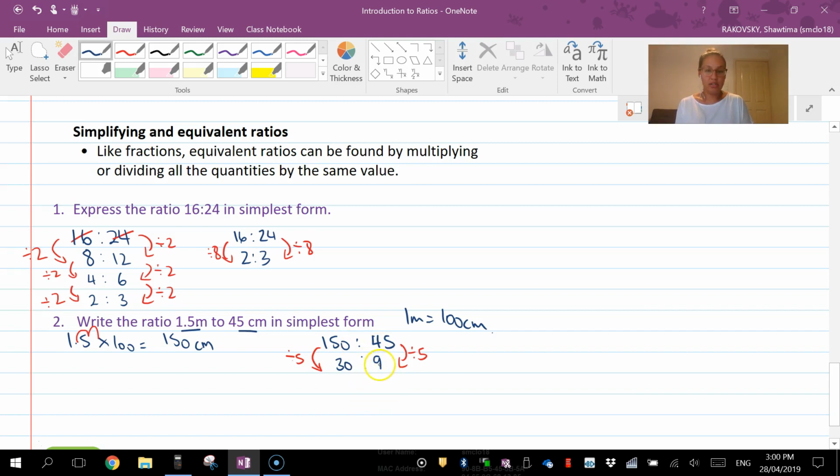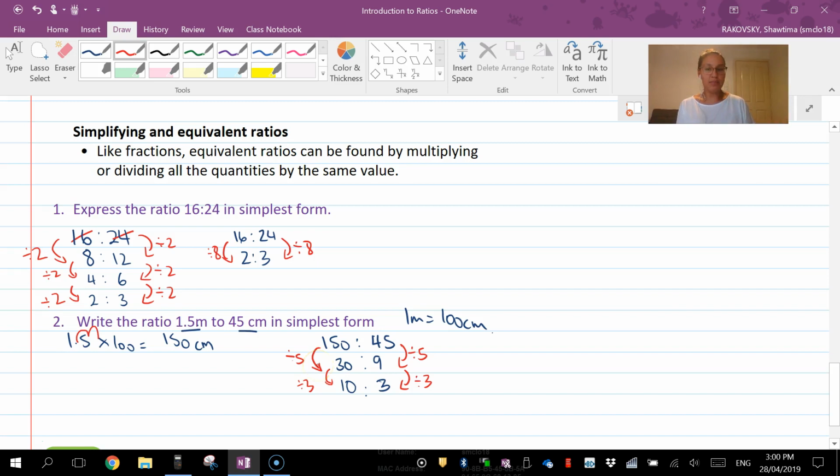So it's going to be 10 to 3. Have I got that right? I could have actually used 15 as my common factor. I should recognize that because there's a 15 there.